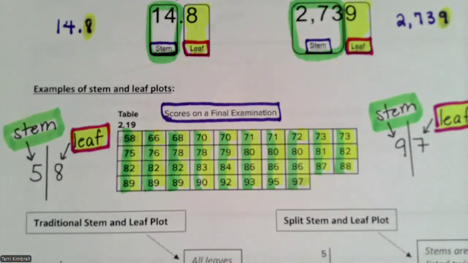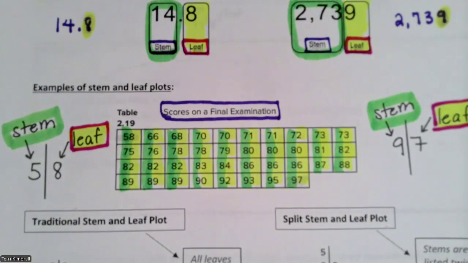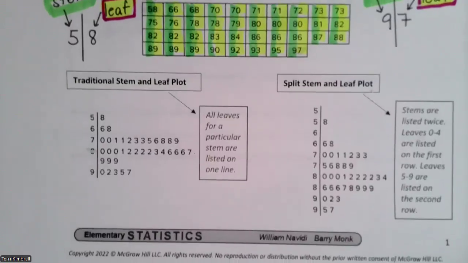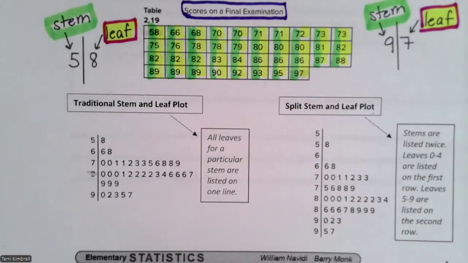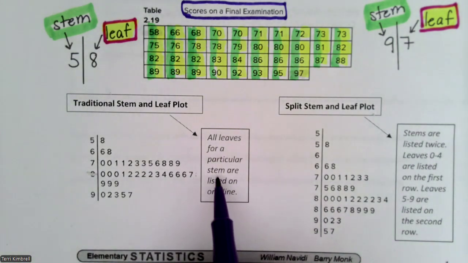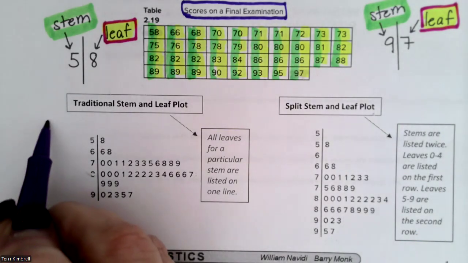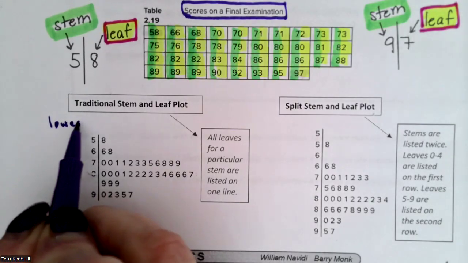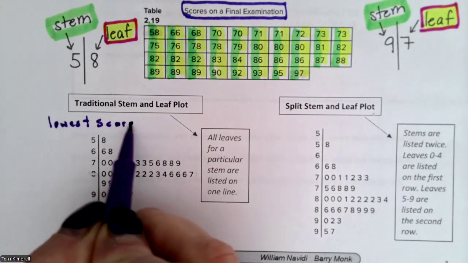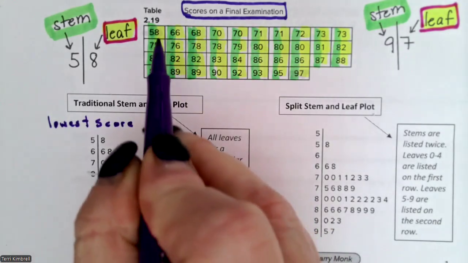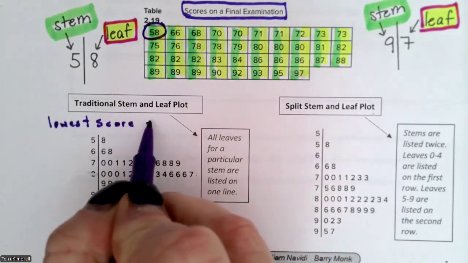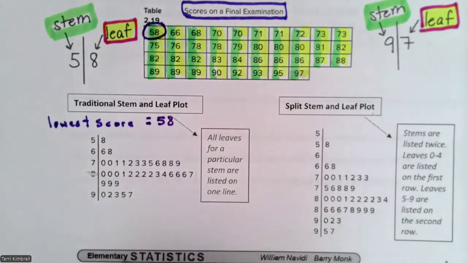So looking at this data, there are different types of stem and leaf. So you can look right here. Here is the traditional. The traditional is where you're going to have all leaves for a particular stem listed on one line. So when you notice here, you would start with your lowest score, which is a 58.